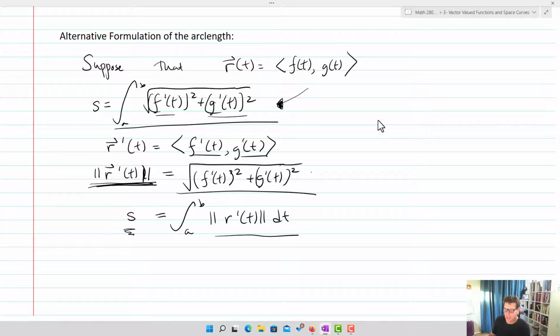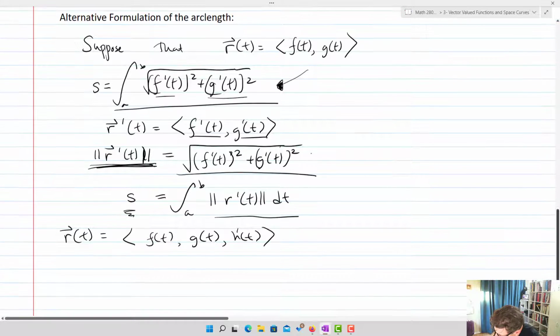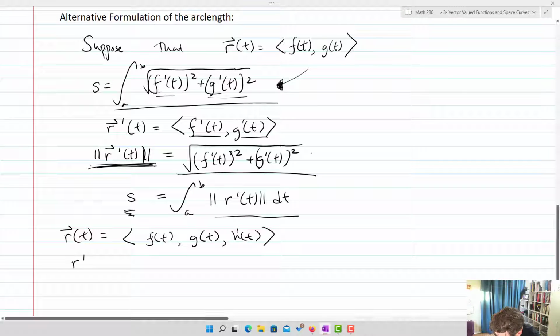All right. Taking a look at it from 3 dimensions, if we actually have an r of t equal to, in this case, f of t, g of t, and h of t, then just notice if I take r prime of t, that's going to equal f prime of t, g prime of t, and h prime of t.